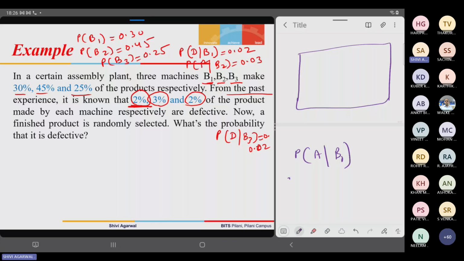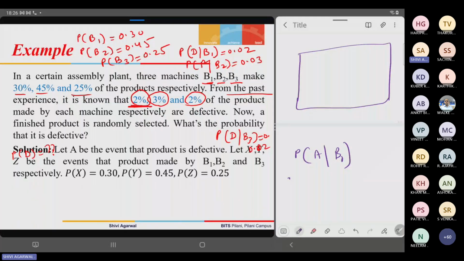So it is randomly selected. What is the probability that it is defective? So what do we have to find out? We have to find the probability of A. Now you know very well how to find it using the formula. If I write the problem on the slide, it will be congested and you will not be able to see what is written. Let A be the event that the product is defective.